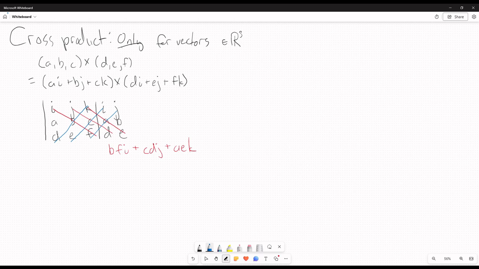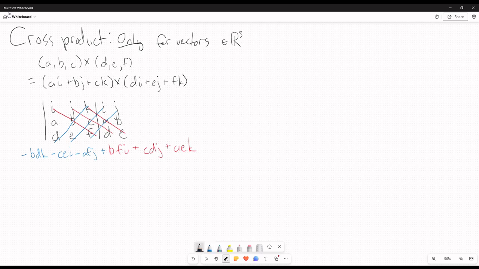So I'll have minus BDK minus CEI and minus AFJ. And then at this point, you might need to add a plus sign there just to remind yourself that there is an invisible plus sign here.